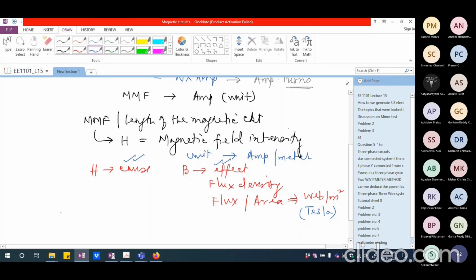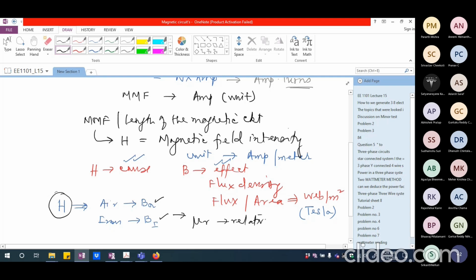So if I give a specific amount of magnetic field intensity in maybe air and in iron, what kind of flux density is produced in air, and what kind of flux density is produced in iron for the same amount of magnetic field intensity? If I look at the ratio of the flux density produced in iron versus air, that ratio gives me something called relative permeability.